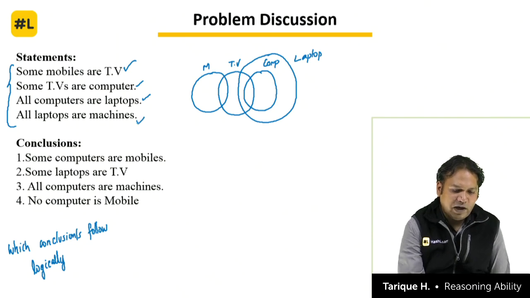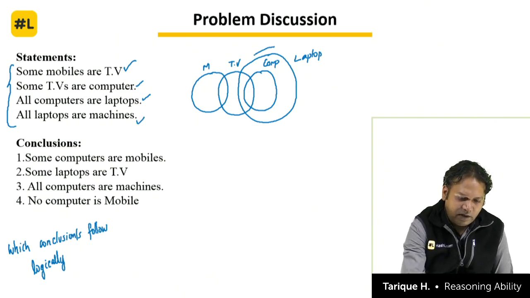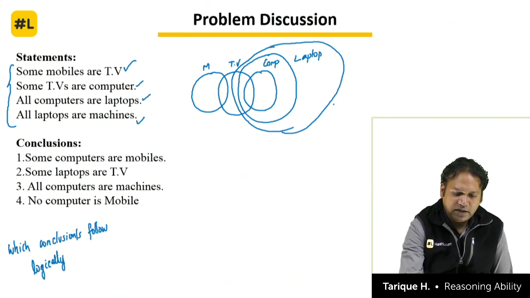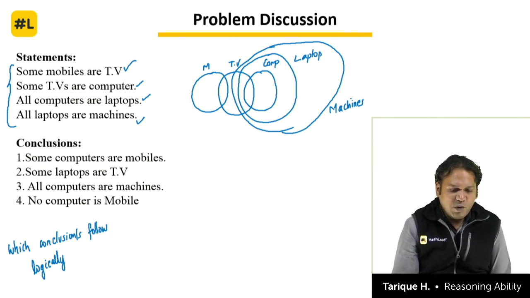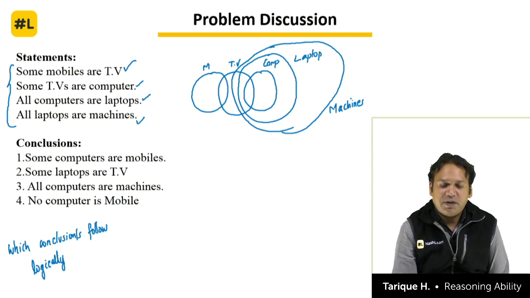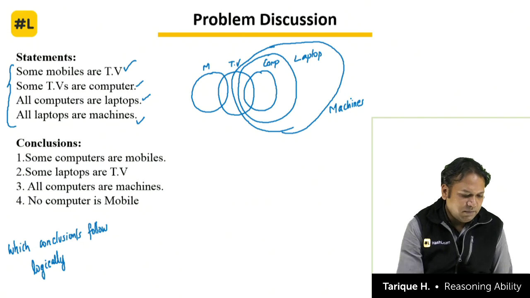All laptops are machines, so the laptop circle will be inside the machine circle. This is a bigger circle for machines. So some mobiles are TVs, some TVs are computers, all computers are laptops and all laptops are machines. And then we have these conclusions, some computers are mobiles.